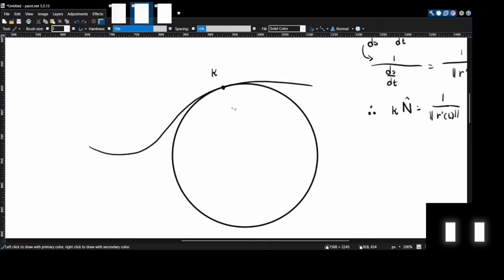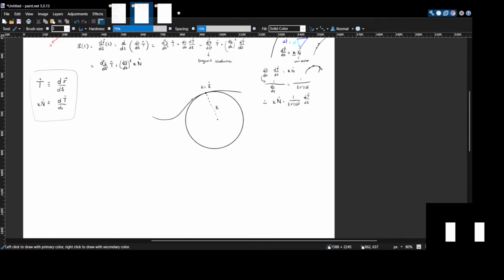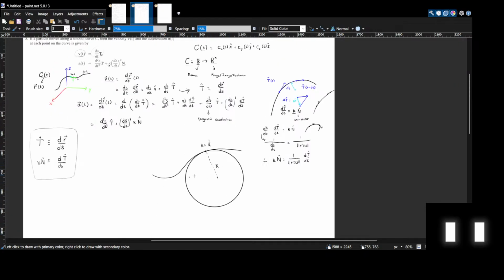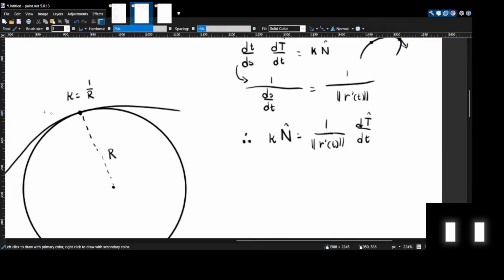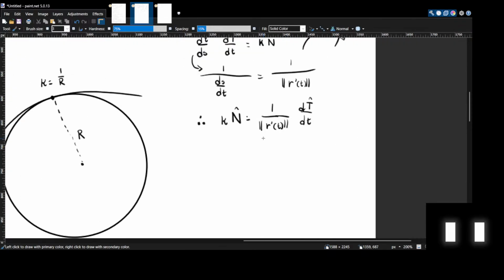What happens here is this radius of curvature r, kappa is equal to 1 over r. That is what it means. I don't know what else to say about it. So that's what the curvature really means.